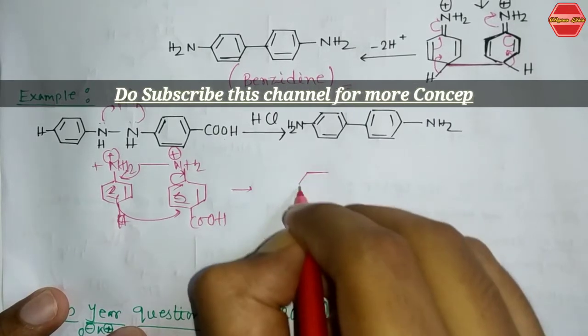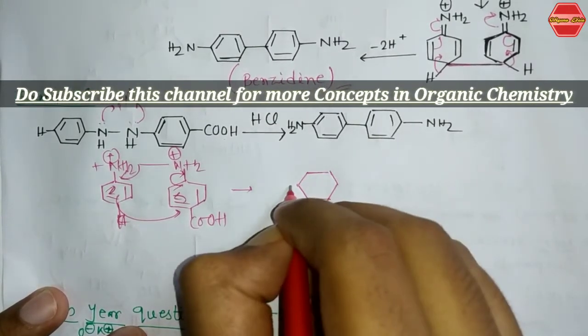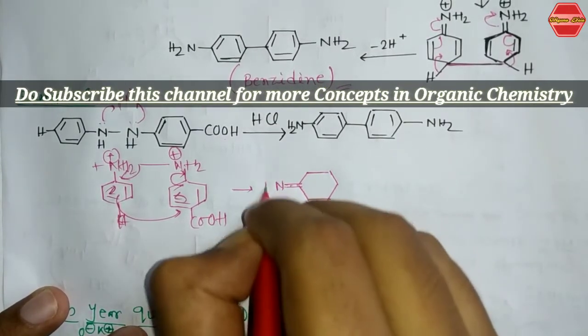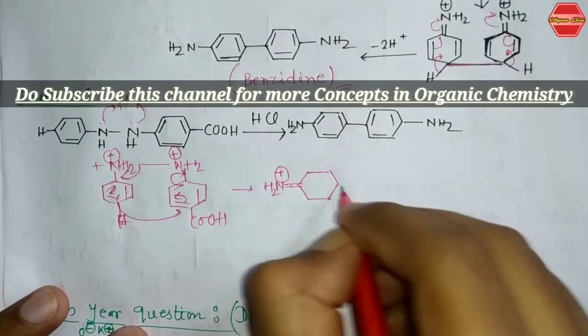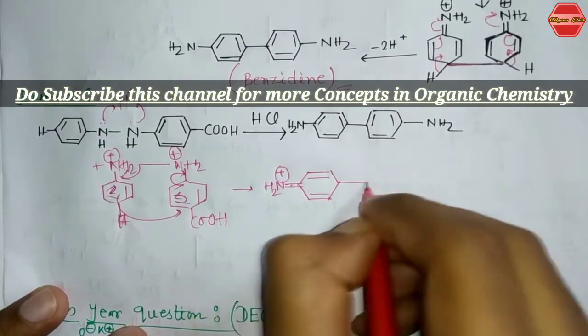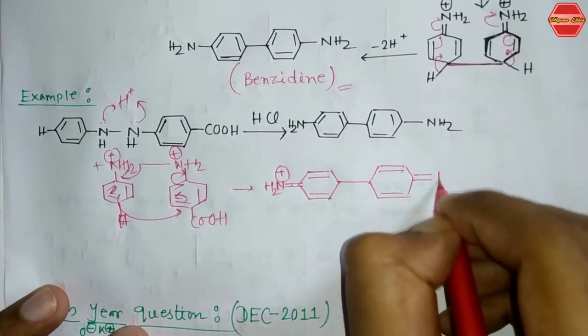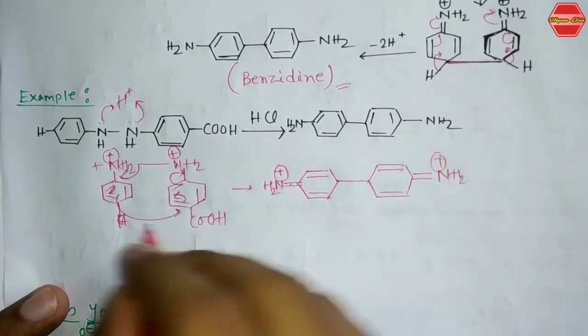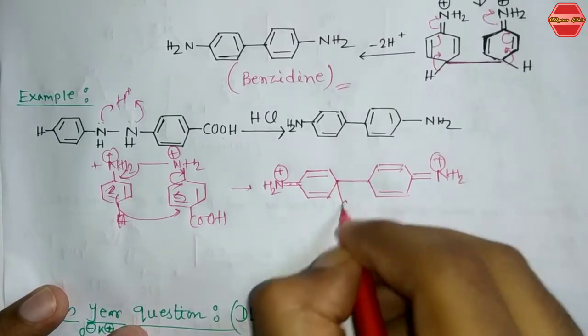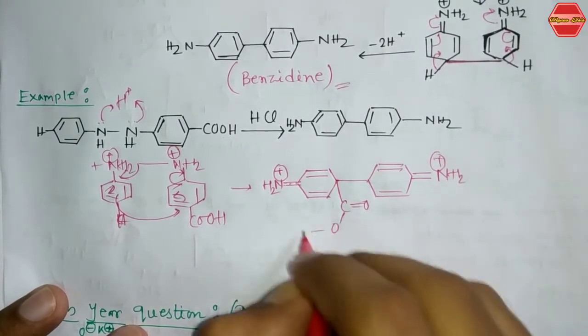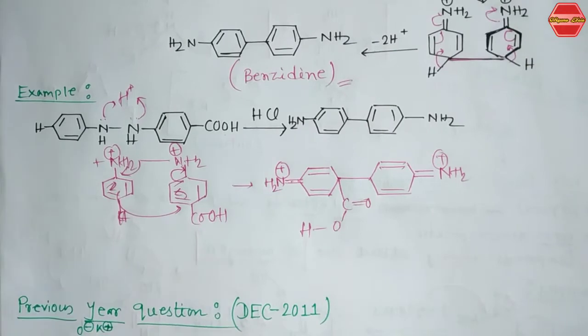Now you have to write this structure in this way. It is a double bond, NH2 plus, go here, right? Now you have the COOH group this way. So we can write this structure in this way.